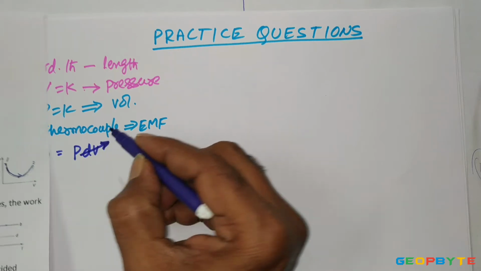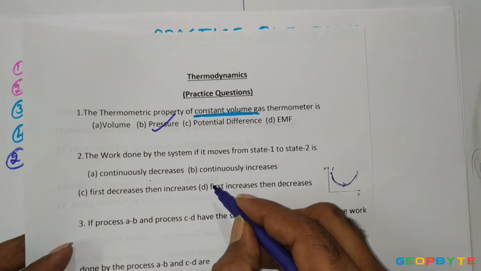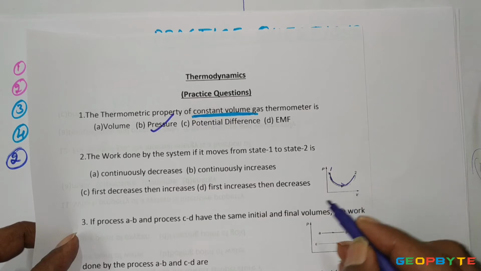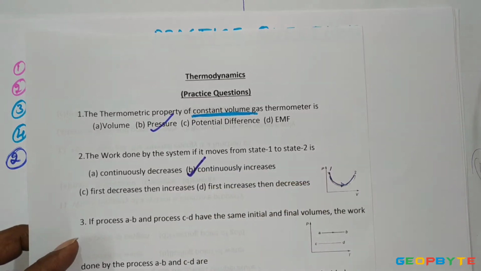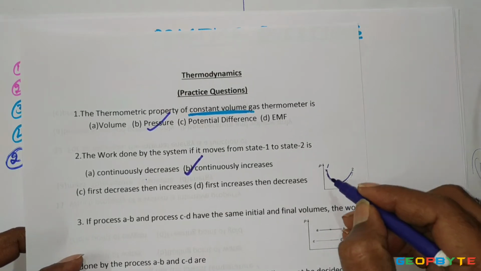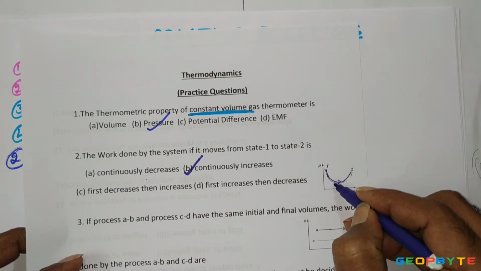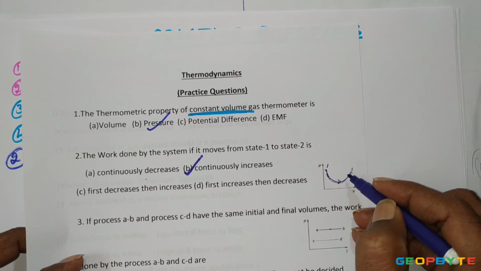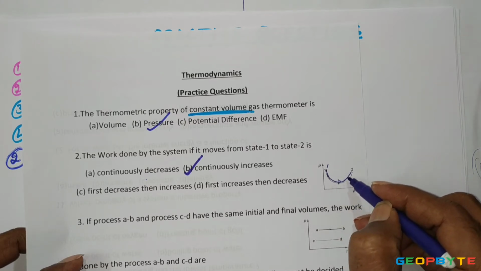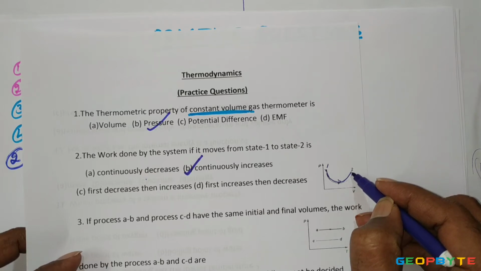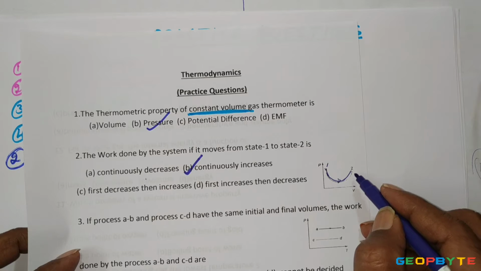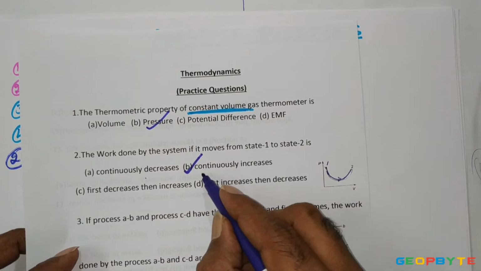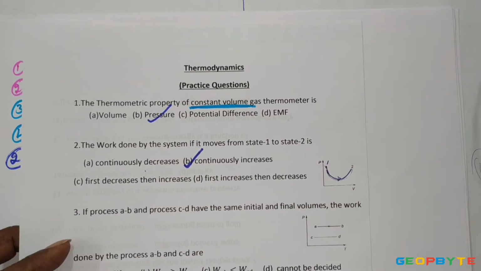If dV is increasing continuously, the work given by the system increases. Therefore, option B is correct. Once again, since the volume is continuously increasing, by the time the gas is traveling from state 1 to state 2, because of the increase in volume, definitely work keeps on increasing. Therefore, option B is correct.